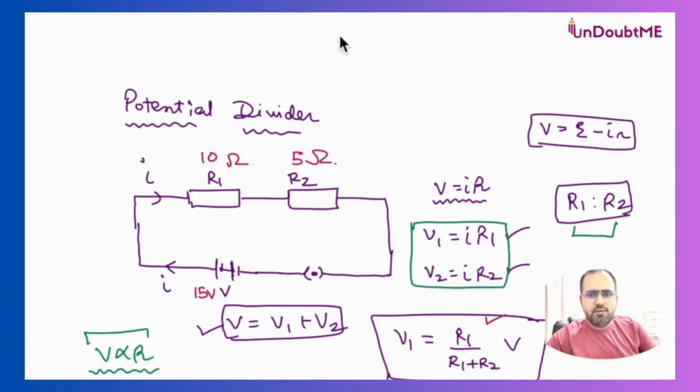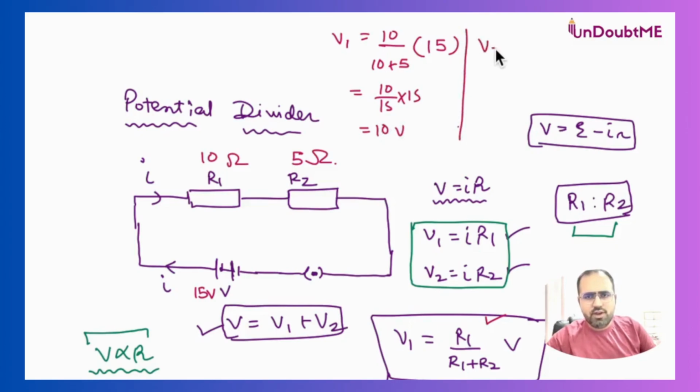It means the first one, V1, will be 10 over 10 plus 5 times 15. If you solve this, you will get 10 over 15 times 15, that is 10 volt. Similarly, when you solve for V2, it will be 5 over 10 plus 5 times 15, and that will be 5 over 15 times 15, which will be 5 volt.